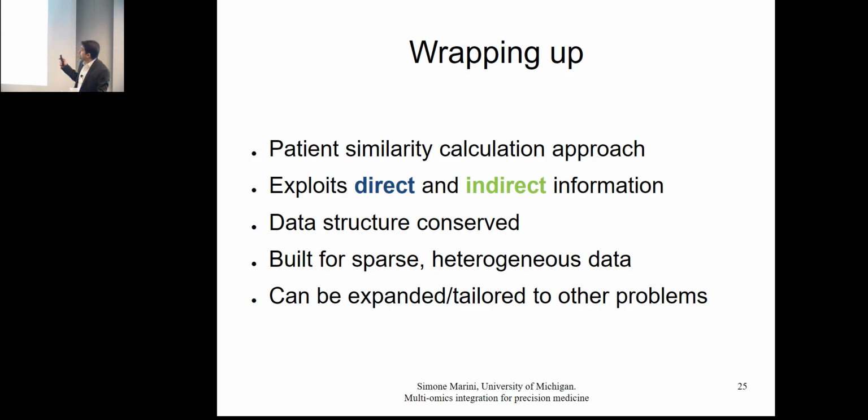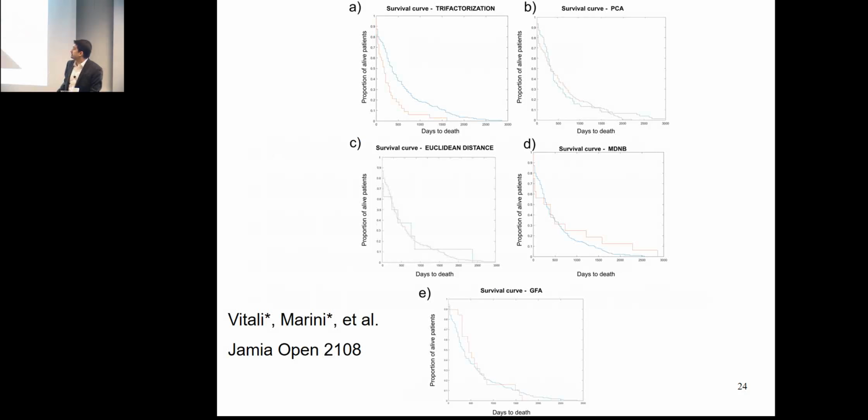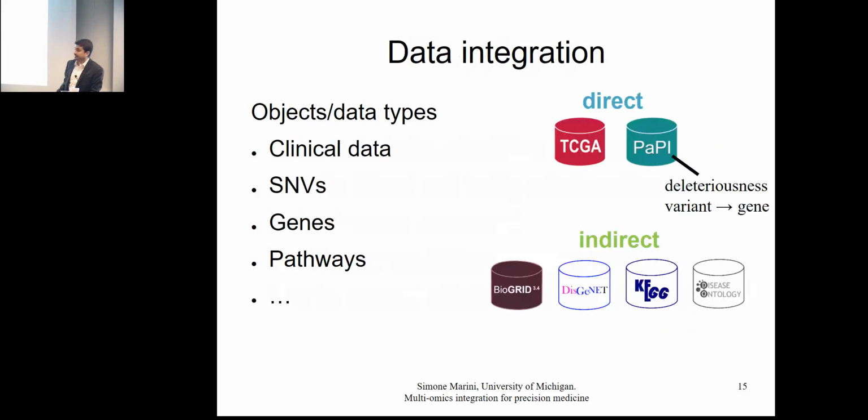Wrapping up, I presented a patient similarity calculation approach that exploits both direct and indirect information. The data structure is conserved. What I mean by saying so is that, remember this matrix?